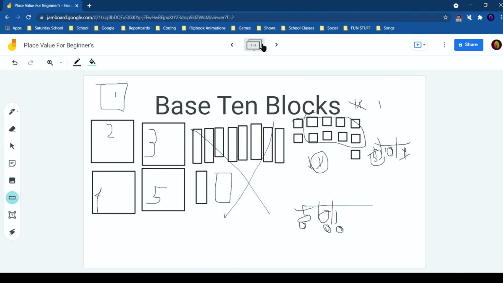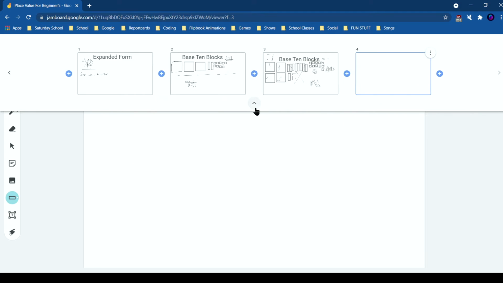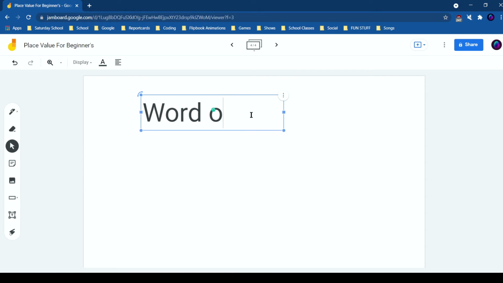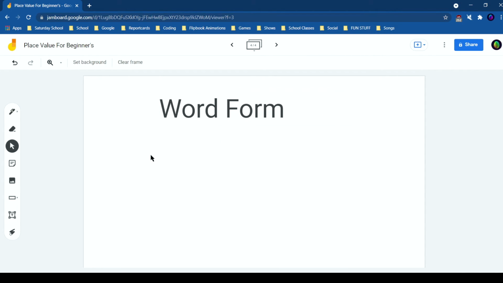Okay, so let's do word form. Okay, I'll show you this. So this is word form. In word form, it's pretty much just words.